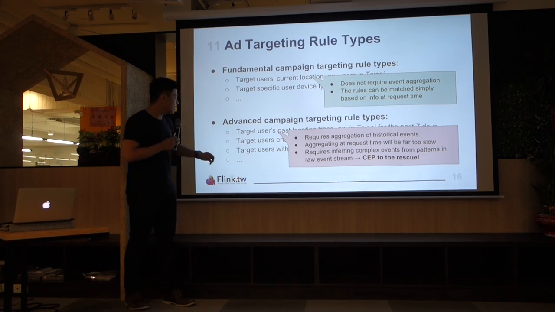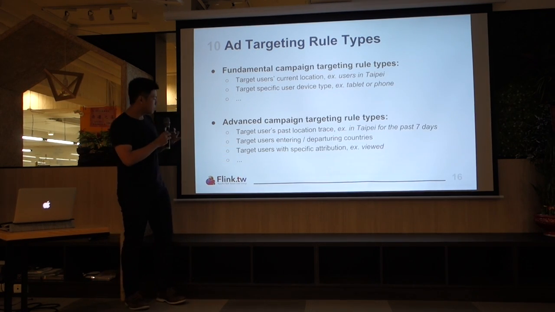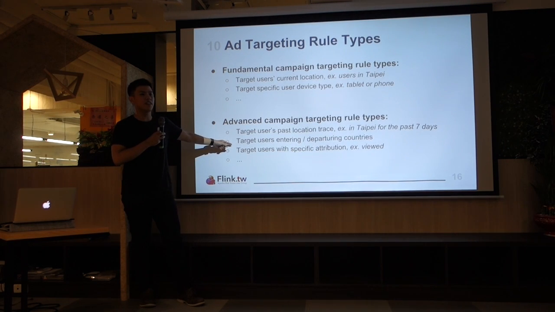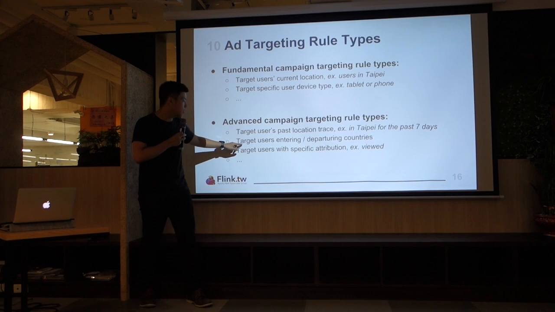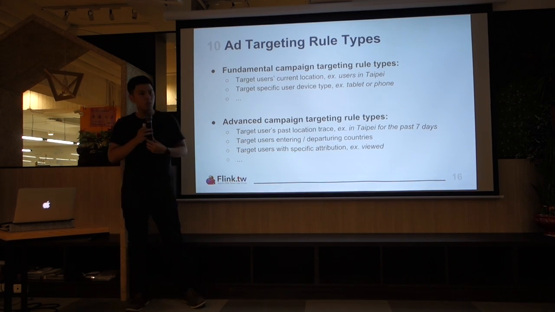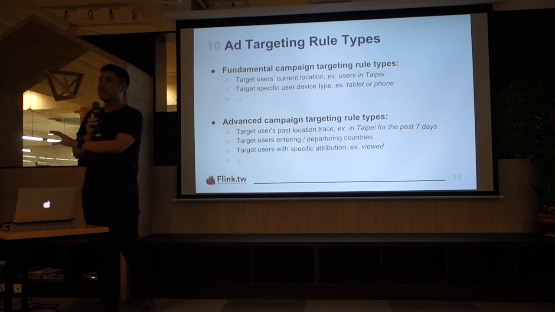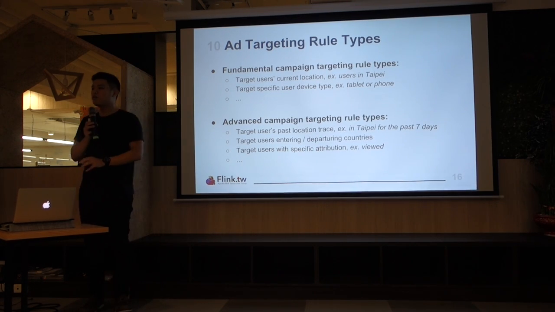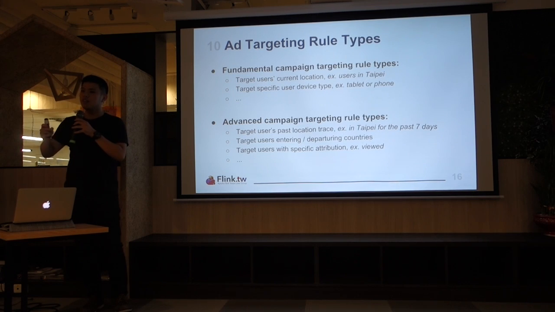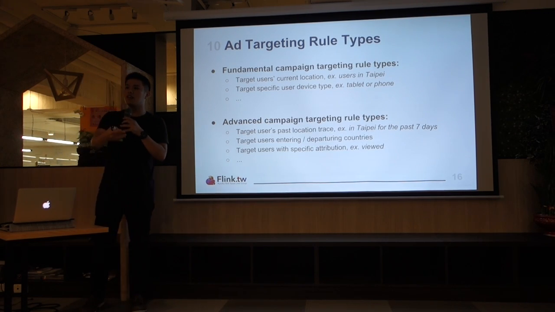What this means is, for example, this one. This is in itself a very CEP strong example because if I detect a pattern where a user was outside the boundary and then he's inside the boundary, this infers the event that he is leaving the country or he is entering the country.